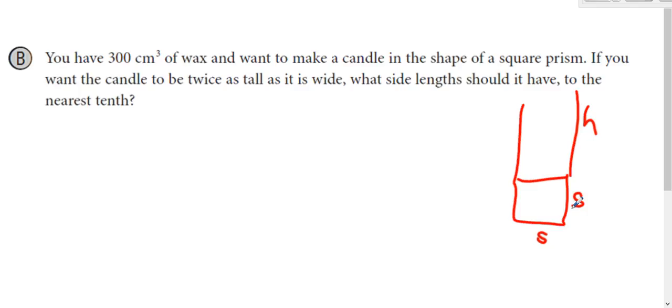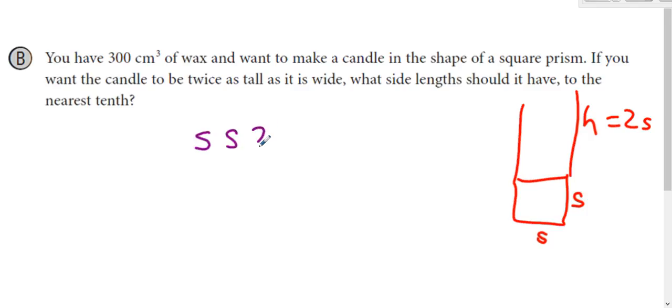And you want the candle to be twice as tall as it is wide. So the height, you want it to be double the width, 2s. So volume here would be S times the height, which is 2s.